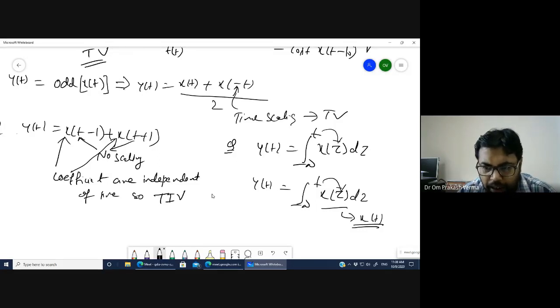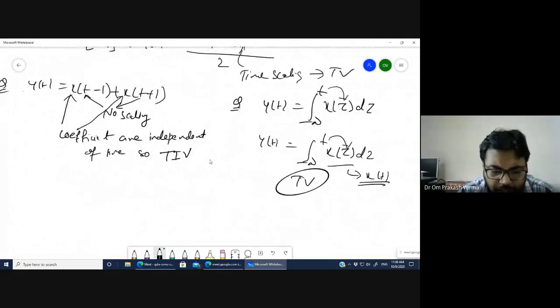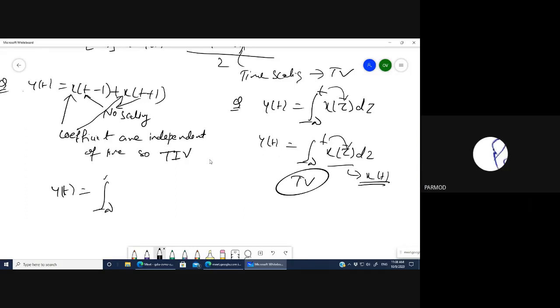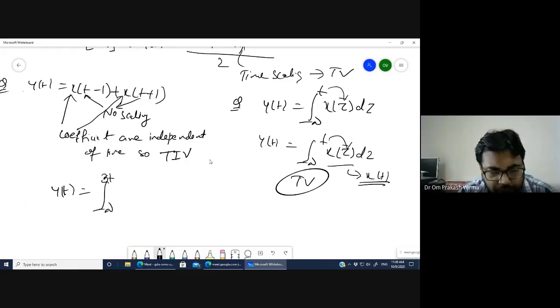Okay, it is a time variant system, right? In a similar way, you can comment on y(t) equals integral from minus infinity to 3t of x(tau) d tau.